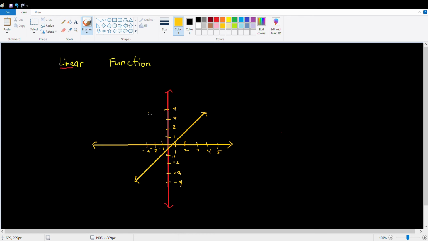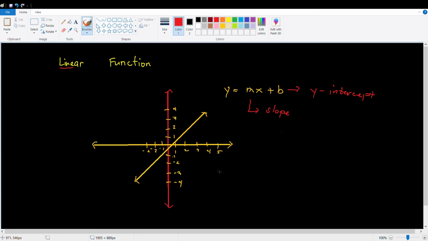So we need this equation, y is equal to mx plus b. Okay, so our m here is our slope, and our b here is our y-intercept.